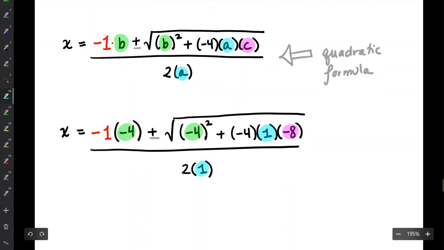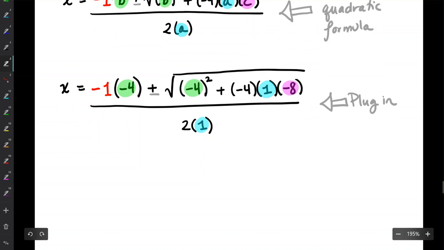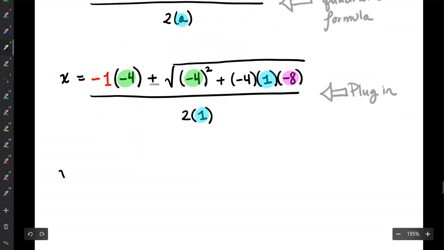Okay, so now it's time to simplify, right? Here we are, and we plugged in, and now it's time to simplify. The solutions, the numbers that make that original statement true, are a -1 times a -4 is +4.